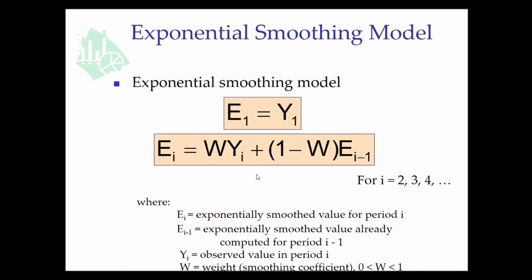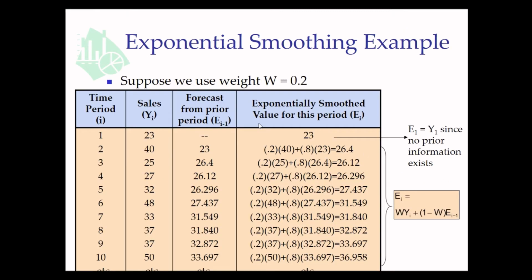You see, here we need to define E1. We call this initialization. In Excel, we can manually input E1 equals Y1. Then using W equals 0.2, we can calculate E2 as in here, and then E3 as in here, and so on.